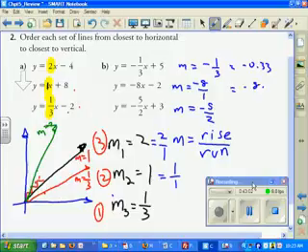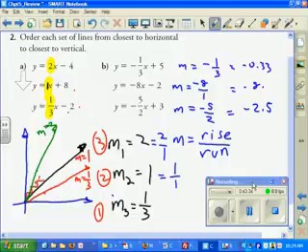This one is just -8. And then this one here is -2.5. This number right here, -0.33, is closest to 0. You guys see that, right? This one's pretty far, and this one is in between the two. So that is your indicator as far as which ones are steeper than the others.